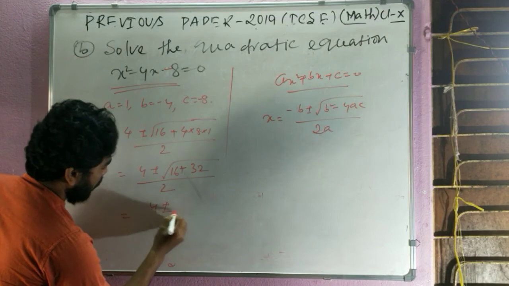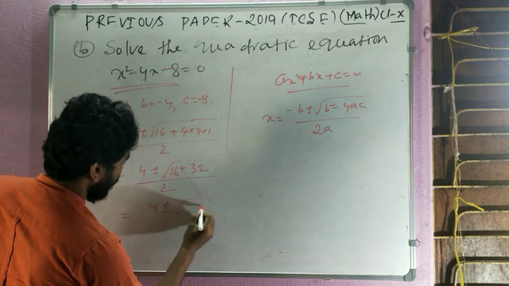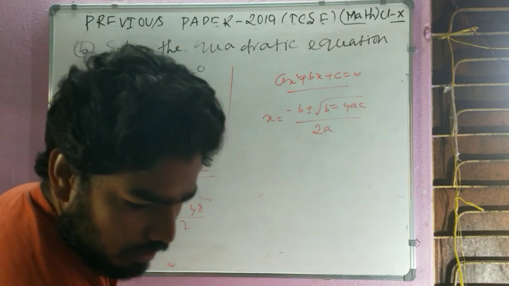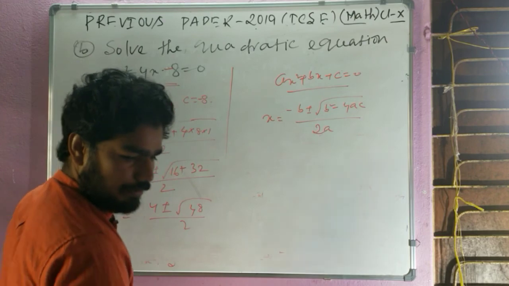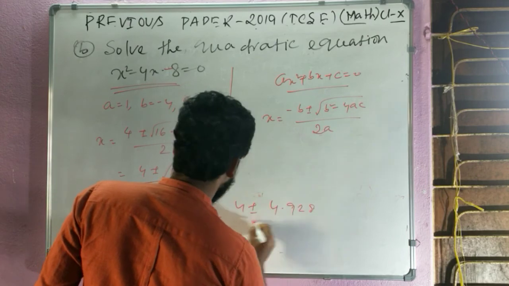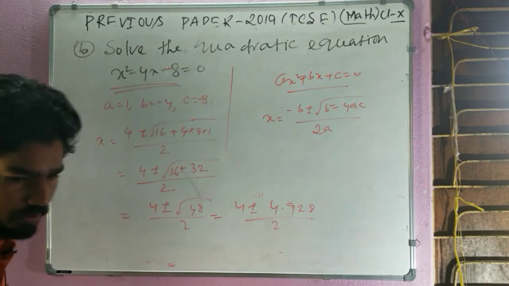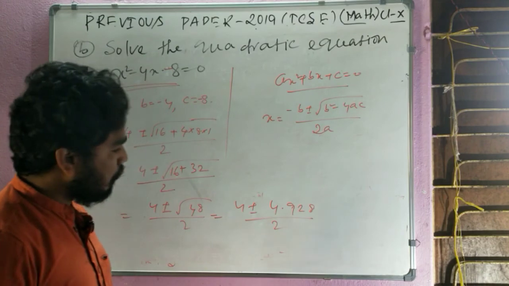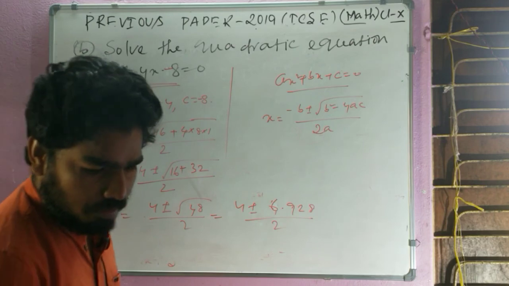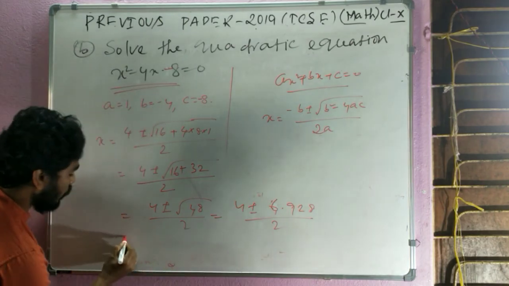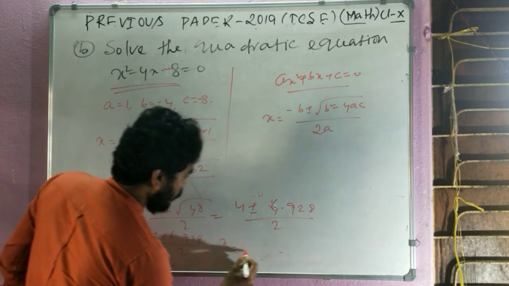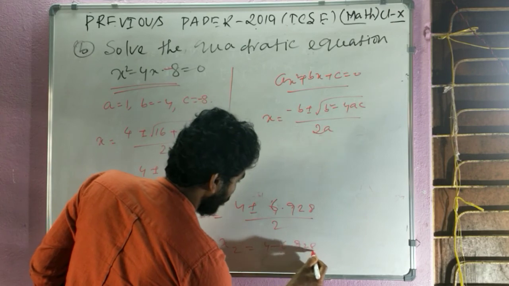4 plus minus root 48 by 2. Root 48 means 6.928. 4 plus minus 6.928 divided by 2. So x1 equal to 4 plus 6.928 by 2, x2 equal to 4 minus 6.928 by 2.